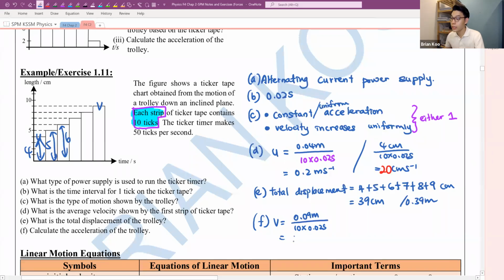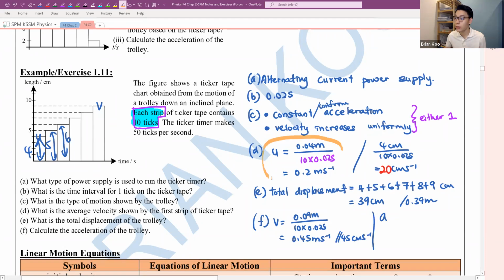That would be 0.45 meter per second, or 45 cm per second. Then we can get acceleration already. The U value is this. The V value is this. For the A, I need to use the U and V.